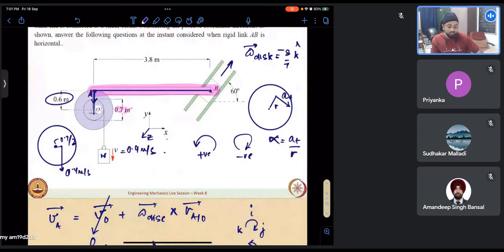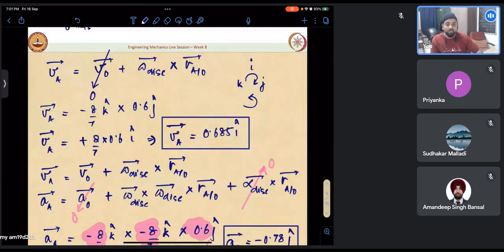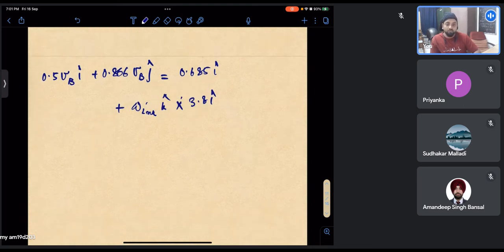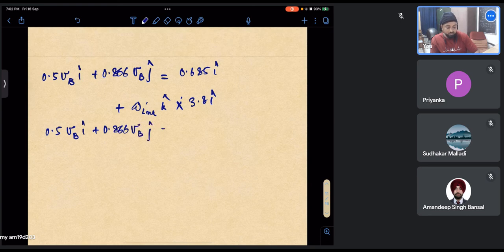We are able to see that it is horizontal, so it is 3.8 I. So essentially we just have to do the cross product and group the similar terms. So 0.5 VB I cap plus 0.866 VB J cap is equal to, K cross I is J, 0.685 I plus 3.8 omega link J cap.